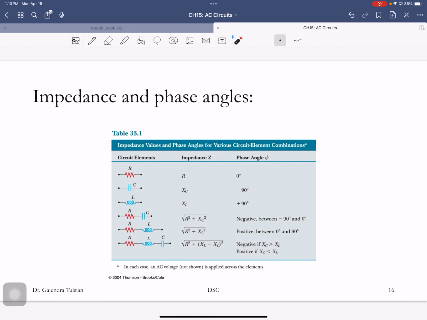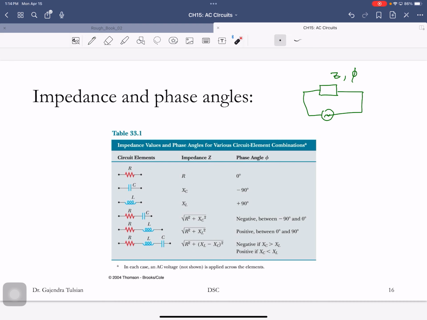All right, so what this table shows you is the following, and this stuff is important enough where they put that in a table. So here's your black box. Here's the load. When the load is a pure resistor, what are we interested in? We are interested in two things, Z and phi.